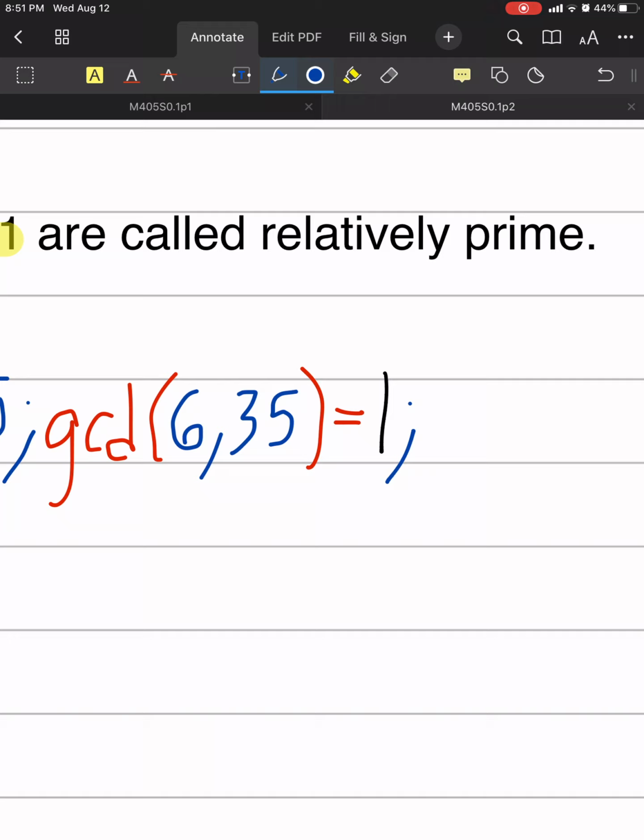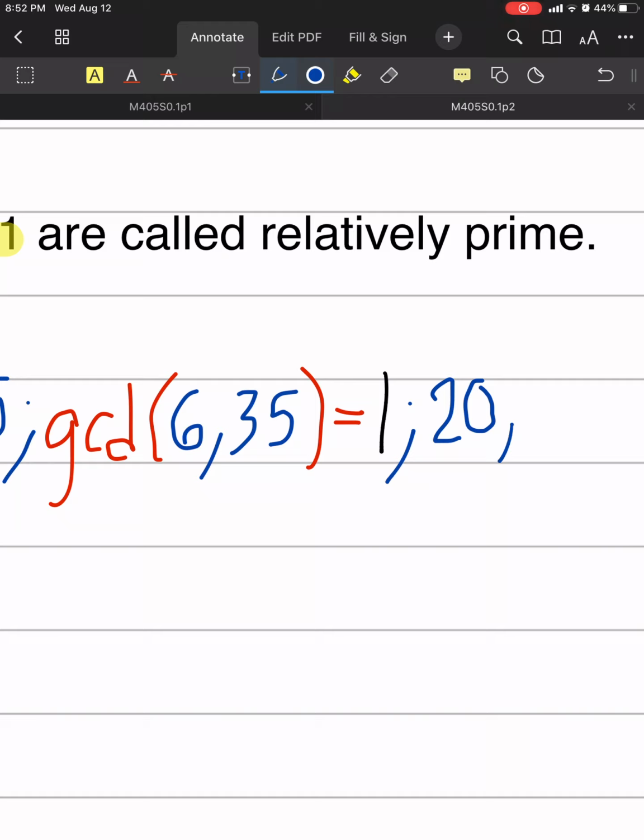And let's come up with another one. Let's say 20. You'll notice that that number only has factors of 2 and 5. So whatever else I pick should be something that doesn't have any factors of 2 or 5 in order to be relatively prime to it.